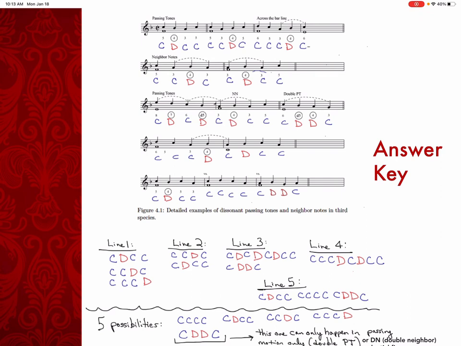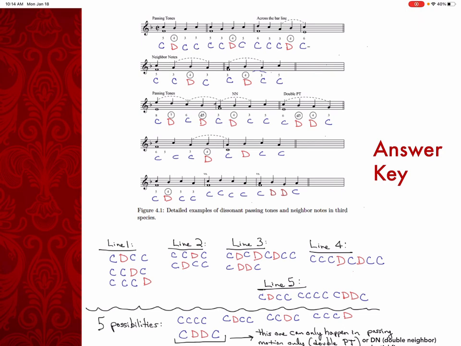Okay, next line. This is the fourth line down. We had C, C, C, D, C, D, C, C. Okay, so this dissonance right here is a neighbor, and this one is a passing tone. So be sure you know the difference between neighbor and passing, okay?